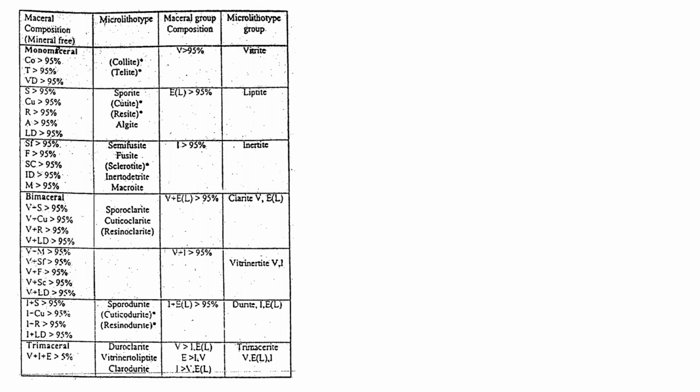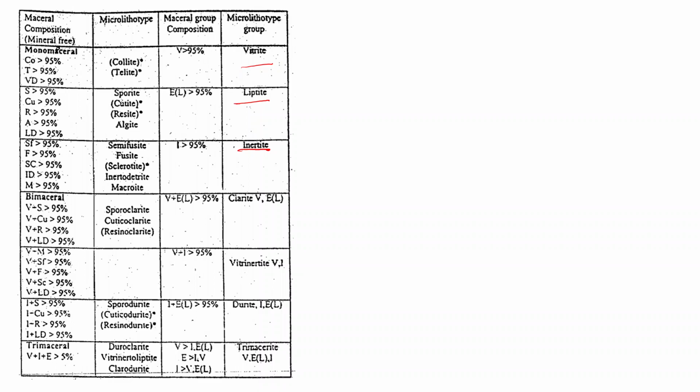Then suberinite, cutinite, resinite, alginite, or liptodetrinite, if they are more than 95%, then it is the liptite. Then semifusinite, fusinite, inertodetrinite, micrinite, and sclerotinite, if all these are more than 95%, then it is called the inertite microlithotype group.